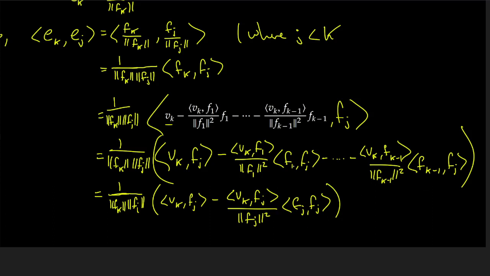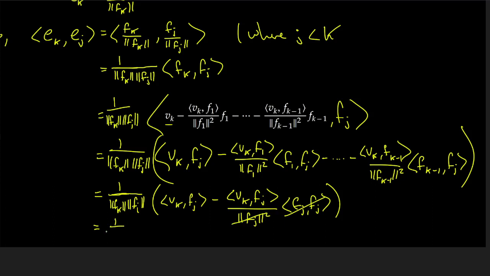That is, if this first number is not equal to J, then that inner product is 0, and I don't have to care about the rest of what's next to it. But hey, wouldn't you know it, what is norm FJ squared? Well, it's the inner product of FJ with itself. So this and this cancel out, and I get VK, FJ minus VK, FJ.